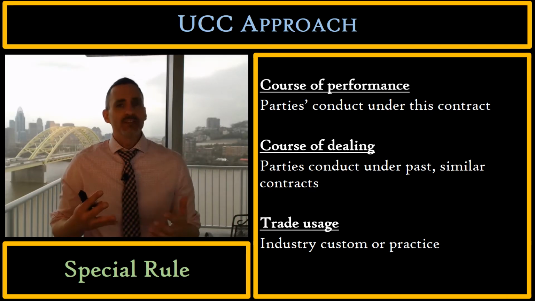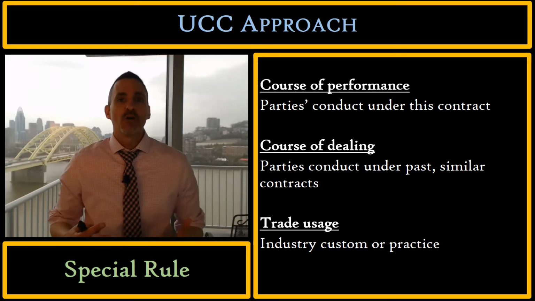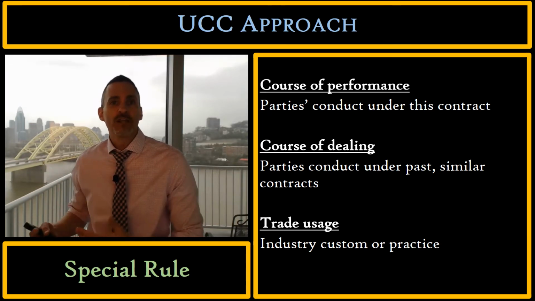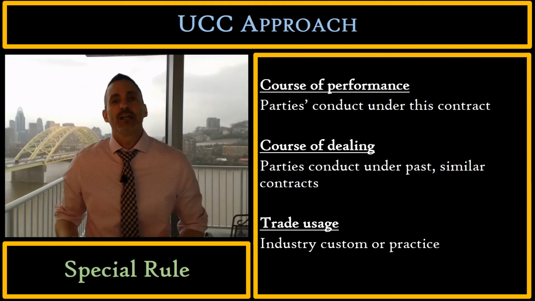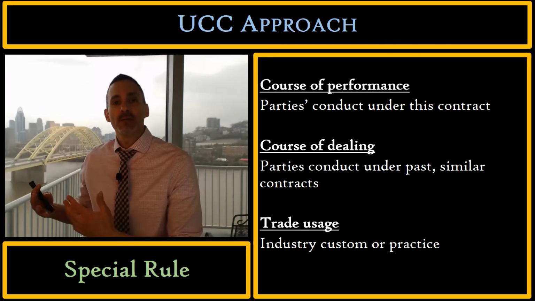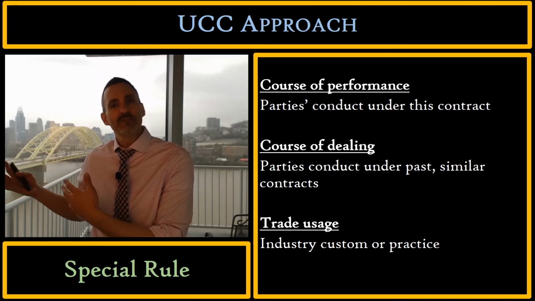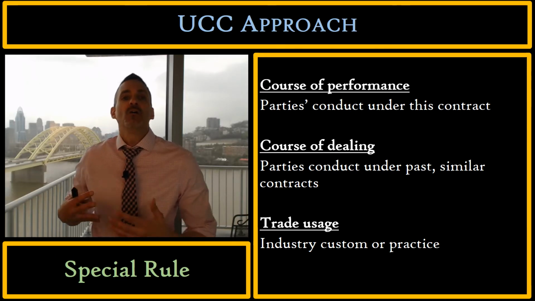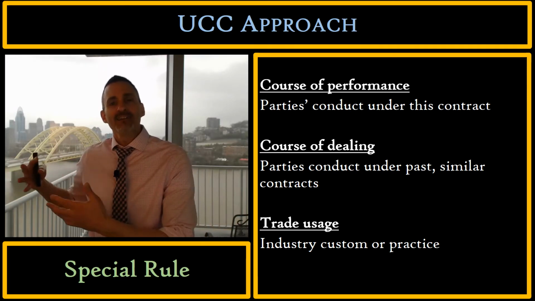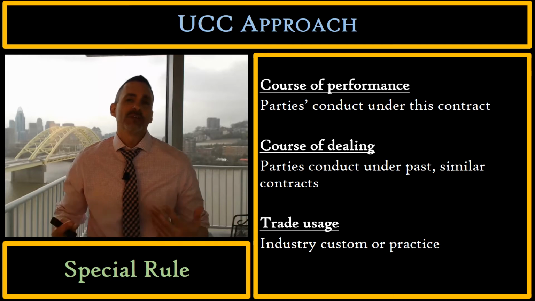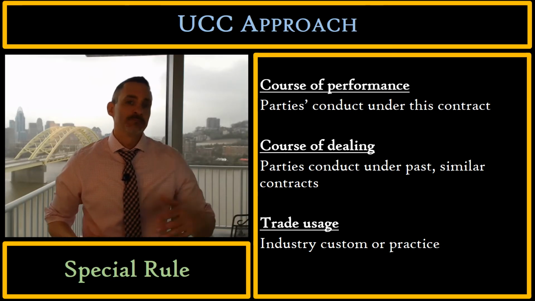Now, some of these we might consider to be parol evidence, right? A prior agreement. So course of dealing or trade usage we might consider to be a prior agreement. Why? Because what we've done under past contracts or what we've done in the trade is prior to our written agreement. So you can consider it parol evidence.